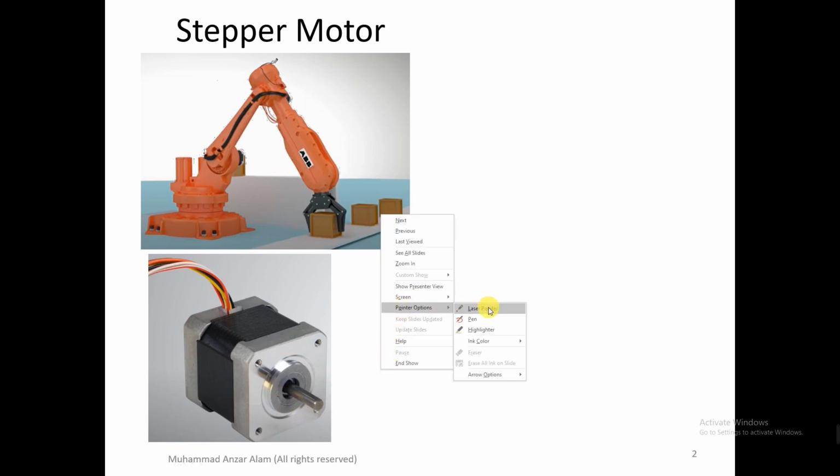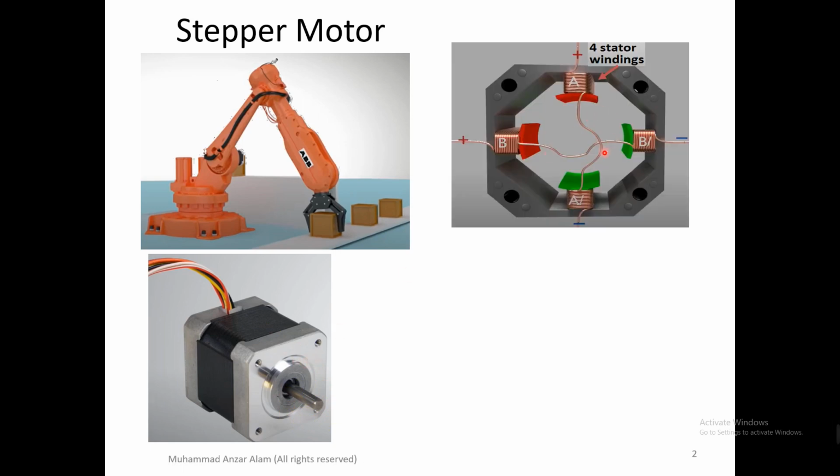Let's see something more inside of this stepper motor. Here is the inside of the stepper motor. We can see it has a body. This is the body of the stepper motor. It is stationary, so it is not movable. It never rotates. It never turns.